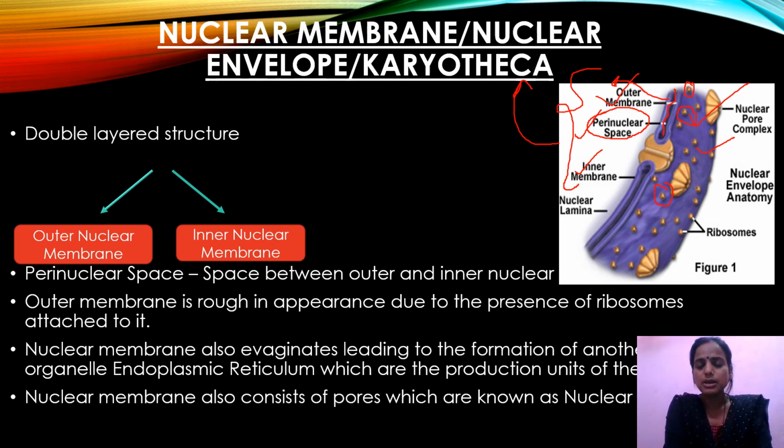Apart from this, the outer membrane also has endoplasmic reticulum attached to it, which is not shown in this figure, but endoplasmic reticulum starts by the evagination of the nuclear membrane. The nuclear membrane also contains small pores, which are known as nuclear pores. So this is all about the nuclear membrane. Let's move on.